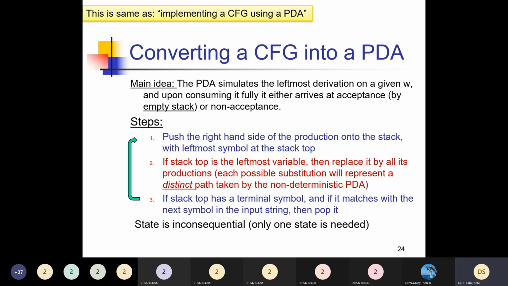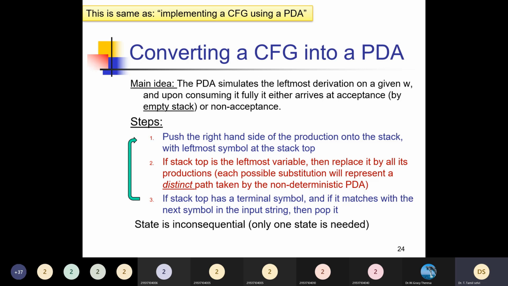And then in the second step, if the stack top is the leftmost variable, then replace it by all its productions. In the previous example, we discussed WW reverse, we have three different rules for the start symbol S. That is capital S tends to 0 S 0, capital S tends to 1 S 1, otherwise capital S tends to epsilon.